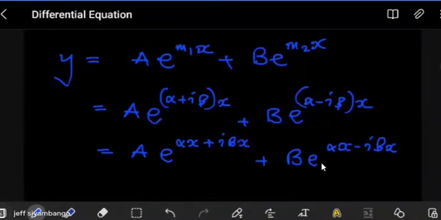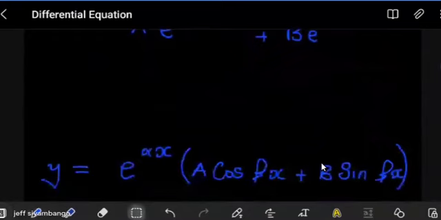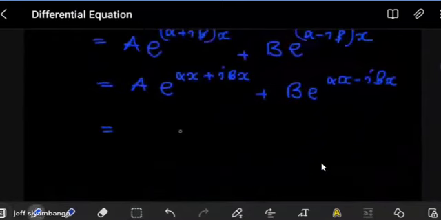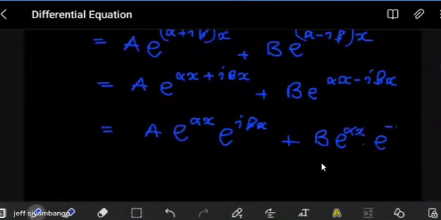Once this is done, you can now use the rules of exponents. What you observe is that this becomes A. Since the powers here are adding, it must have been that you were multiplying exponents there. So this is e to the alpha x, multiplying e to the i beta x. Plus, same thing there, you have B here, e to the alpha x, multiplying e to the minus i beta x.